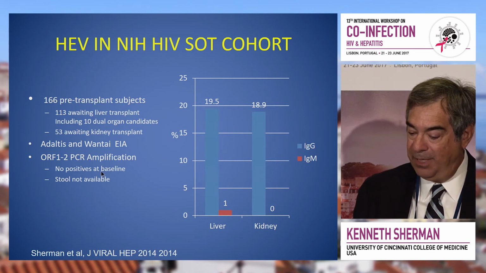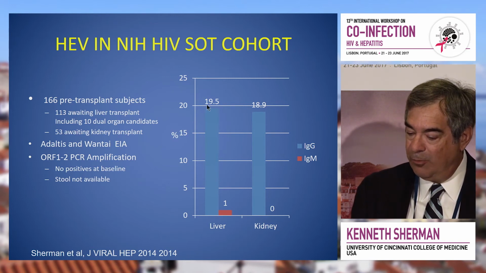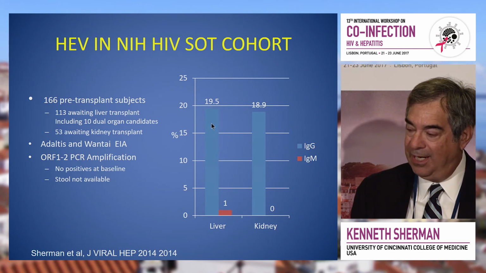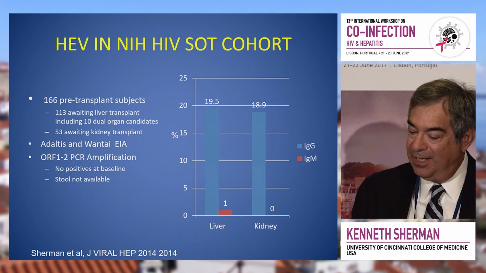We also did PCR on all samples at baseline. None of those were positive. Stool was not available. The overall rate of HEV positivity in those awaiting liver transplantation was 19.5%, and in kidney transplantation, 18.9%.